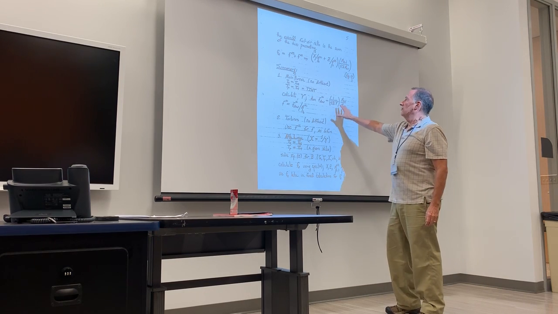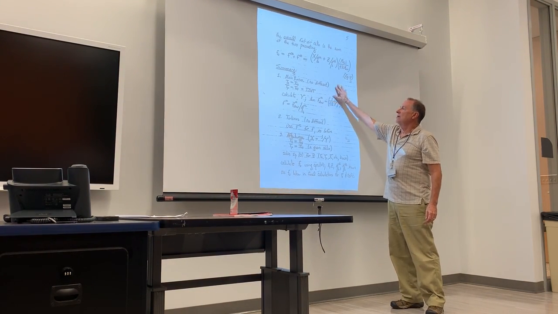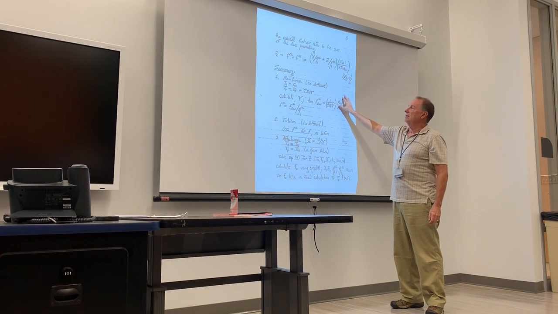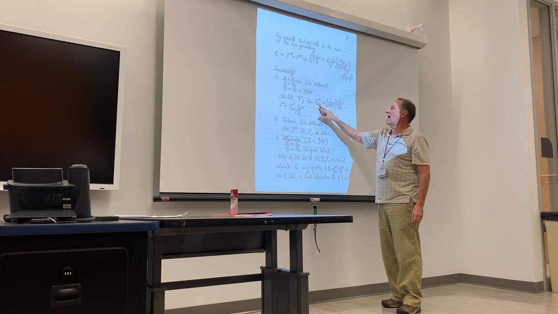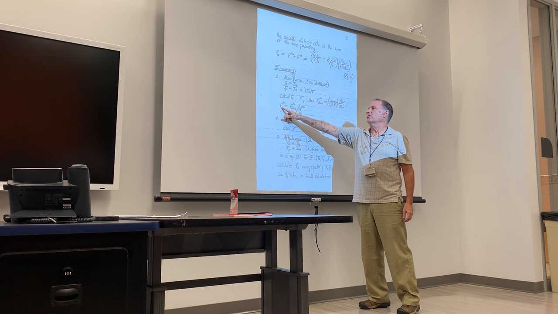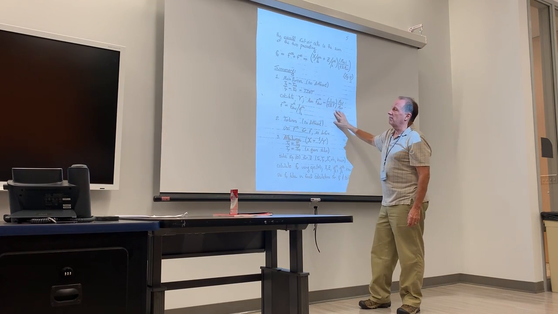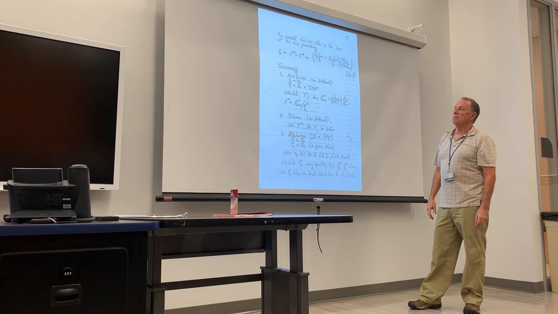So here's the summary of how you program this up. Main burner, no difference. Calculate Y, then FCC ideal, and then F actual, okay, for the main burner.